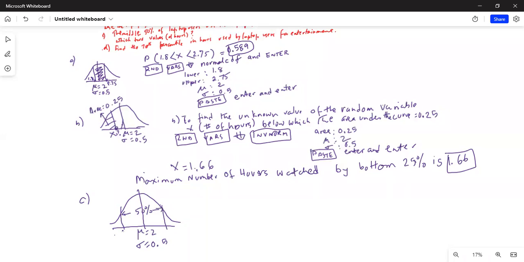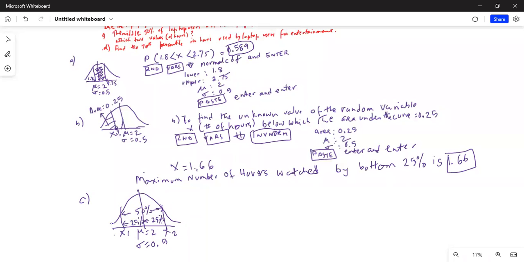Okay. So we do not know this x1 value and we do not know this x2 value. But we know this area because of the symmetric nature of the bell-shaped curve. This area is 25% on the right of the mean, and on the left of the mean is also 25%.